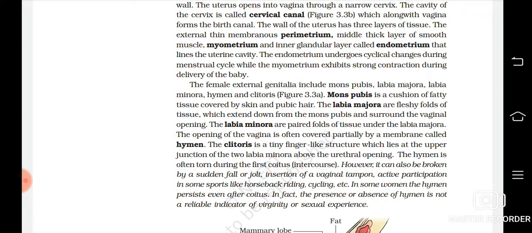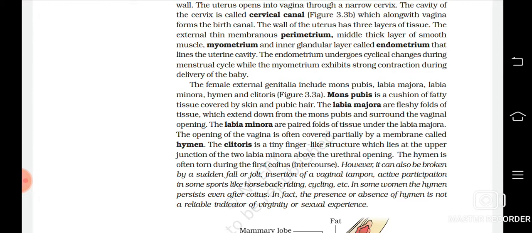Understood? Now, the mons pubis is what? A fatty tissue. The labia majora are fleshy folds of tissue. The labia minora are paired folds of tissue just below the labia majora.